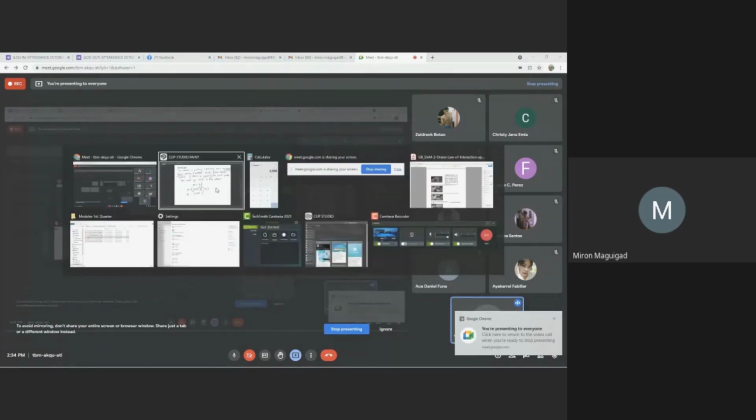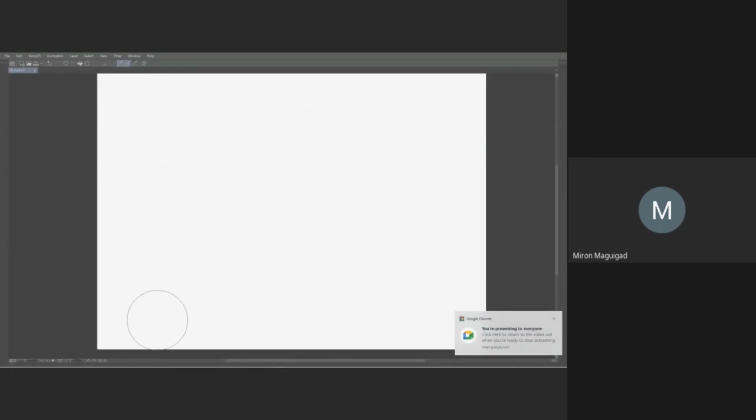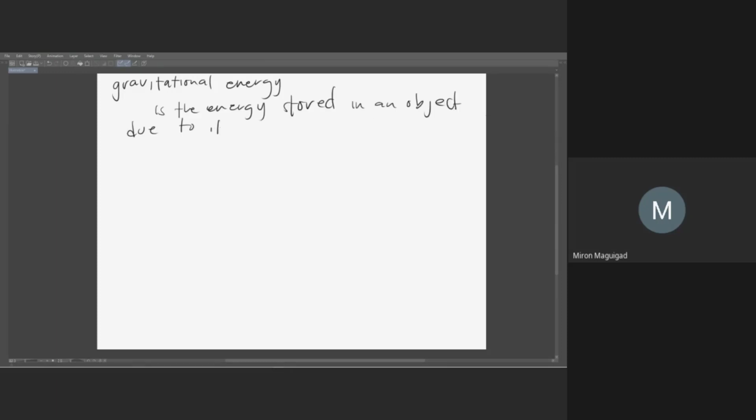So let us define gravitational potential energy. Gravitational potential energy is the energy stored in an object due to its position above the Earth's surface.